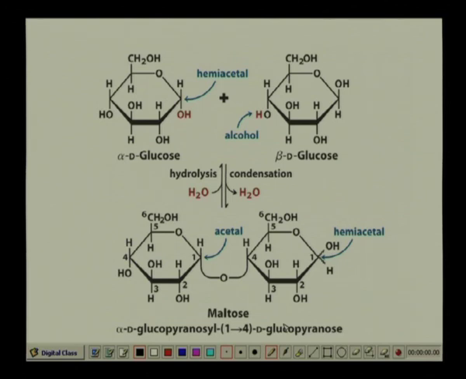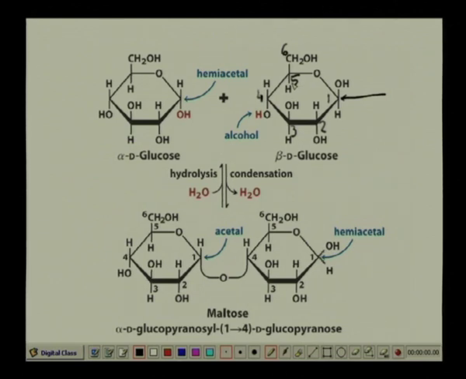So, what is this carbon number? 1. This is carbon number 1, this is carbon number 2, this is carbon number 3, this is carbon number 4, this is carbon number 5, and that is carbon number 6, right.